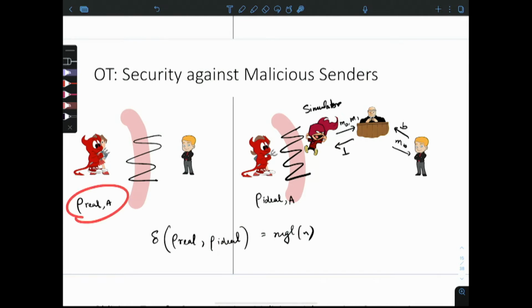This measure of distance between the two distributions, here we can talk about how distant the two distributions are to an unbounded adversary versus how different they appear to a computationally bounded adversary.